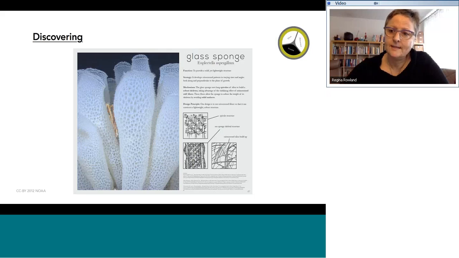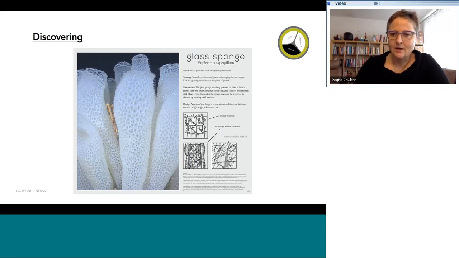And then we find the mechanism for the strategy, which is just how the strategy was done. The strategy is how the function is done, and the mechanism is how the strategy is done. So we spiral down deeper and deeper to find the original magical formula for solving this problem.